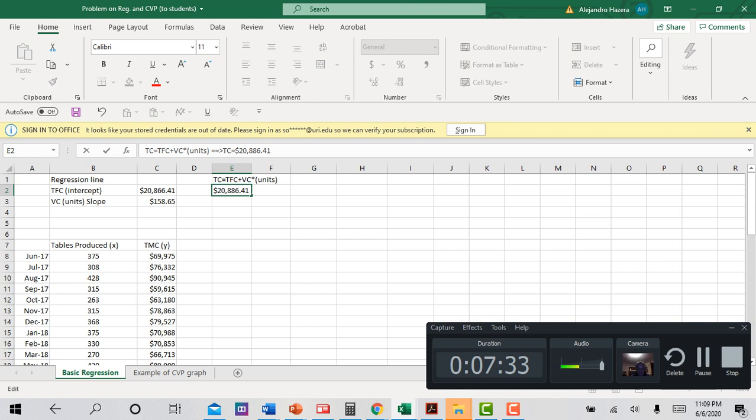That's your basic cost plus your variable cost per unit, which is $158.65 per unit. That's going to be times whatever number of units you want to fill in. This is a prediction line based on the data that we just put into the regression. You can put in any number of units you want. So that's the output. And like I said two chapters ago, this is the output you're looking for.